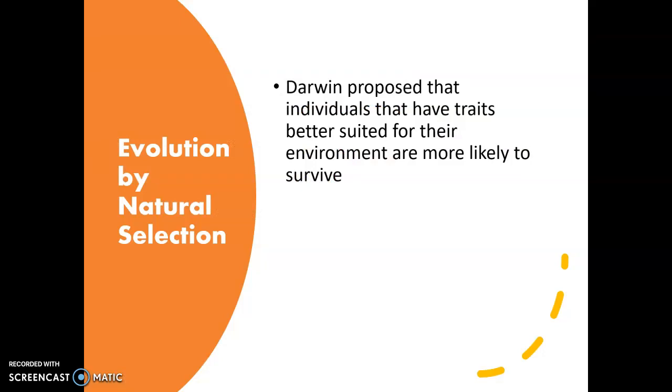So Darwin proposed that individuals that have traits that are better suited for the environment are more likely to survive. Unlike Lamarck, who said that acquired traits get passed down amongst the generations, Darwin proposed that the reason they survive in the population is because those traits make them better suited for the environment that they live in.